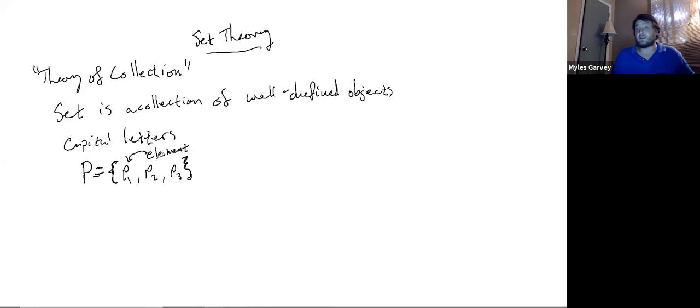And they need to be distinct. This is something I can't have. I cannot have something like P is equal to P1 and P1. That's not allowed in set theory. Why? Because these are not unique.